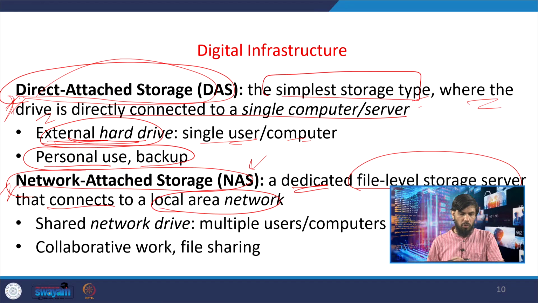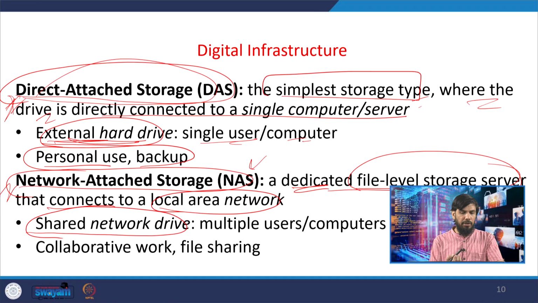This storage is connected to the network where your workstation or notebook is also connected. Many members of the team collaborating on the same projects, engineering or non-engineering, technical or non-technical, would be able to access files. So, it is essentially a shared network drive.